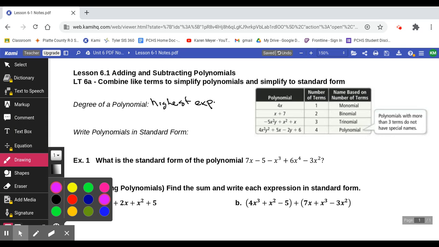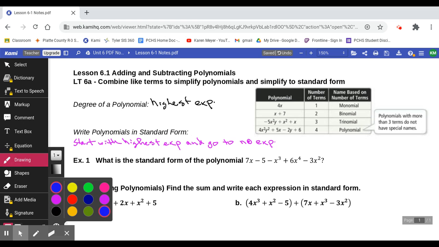And standard form is when you start with the highest exponent and go to no exponents. So you're just going to work your way down in order. So for example, like x to the 5th, then x to the 4th, then x to the 3rd, x to the 2nd, x to the 1st, and then plain number. That would be considered in standard form.